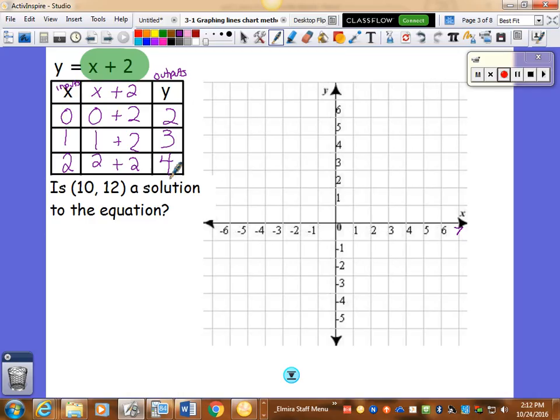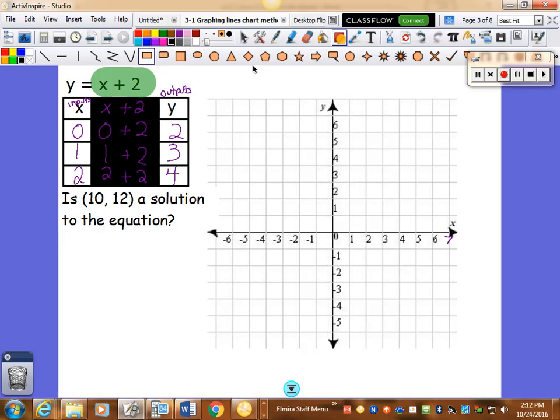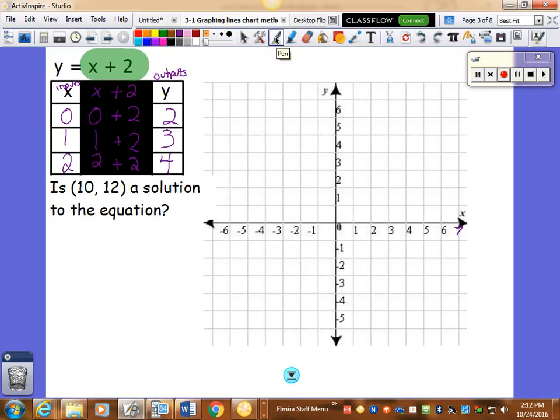Okay, so for the purposes of graphing, now we got to take this data and graph it. So I'm covering up that middle column because it's a distraction. It's not information we need for graphing. What the inputs represent now are our elevators, and our outputs represent the floors that we're going to go to.